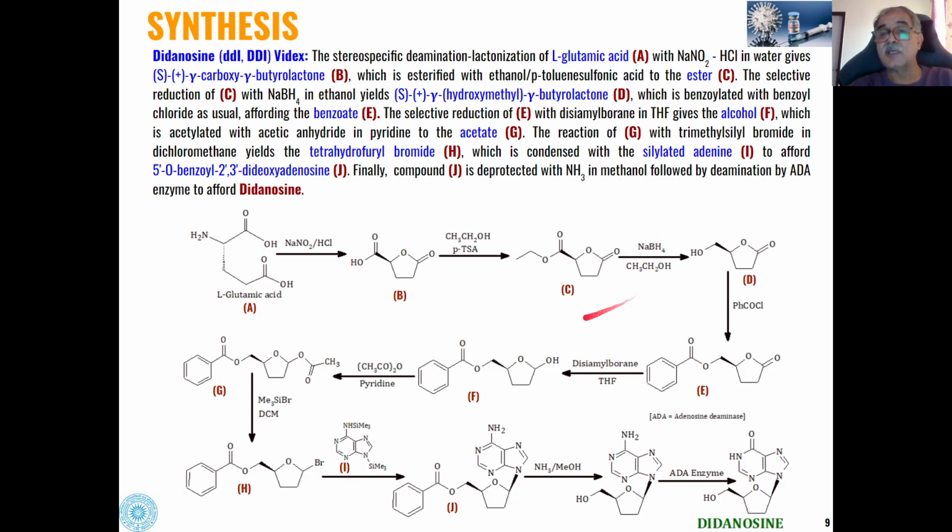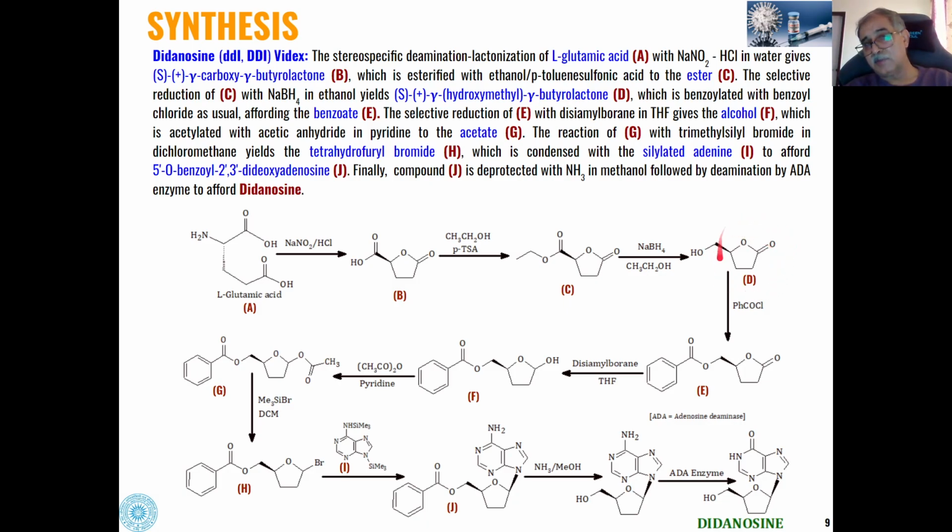So basically, reduction will take place, and the corresponding alcohol will be formed, and this hydroxymethyl gamma-butyrolactone, which is the optically active S-gamma-hydroxymethyl-gamma-butyrolactone, is formed.